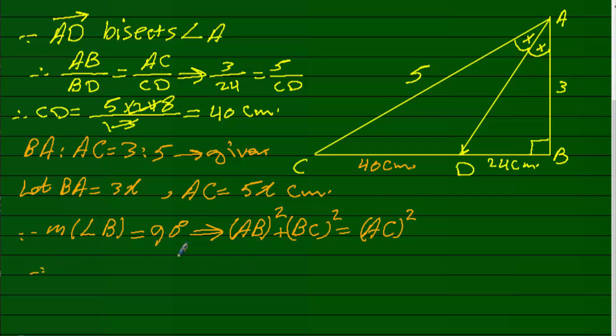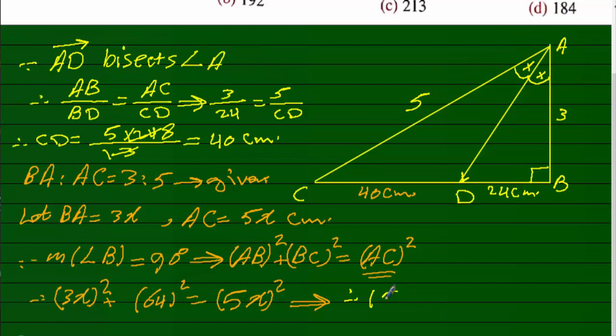So substituting AB equals 3x, we get (3x) to the power 2 plus BC. What is the length of BC? It's 40 plus 24, it's 64. And we write 64 power 2 equals AC power 2, it is (5x) power 2.